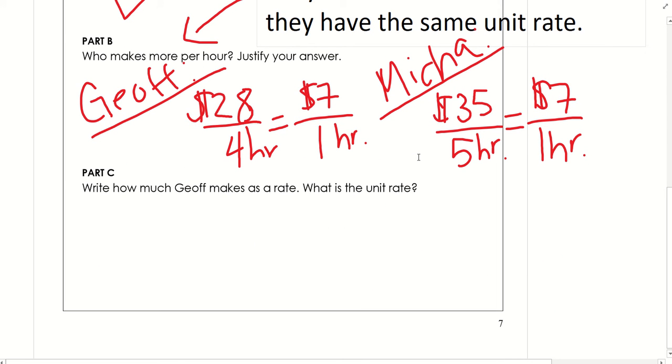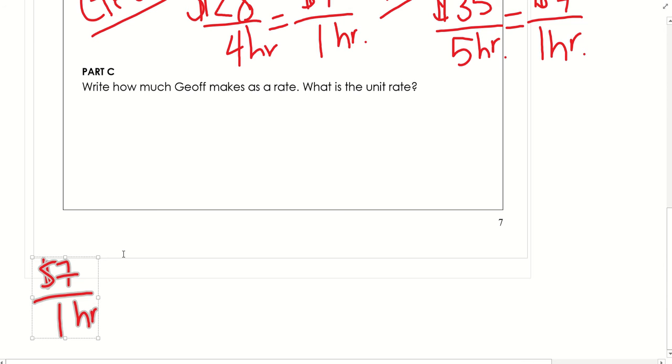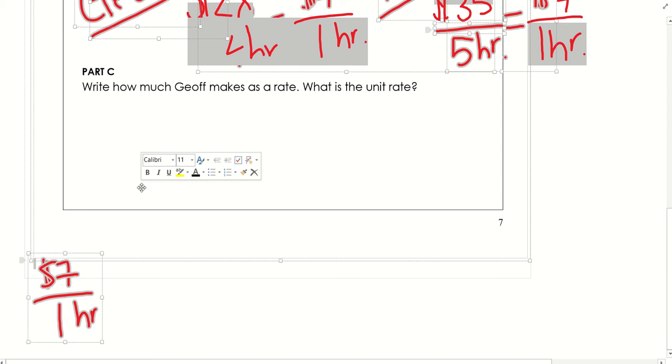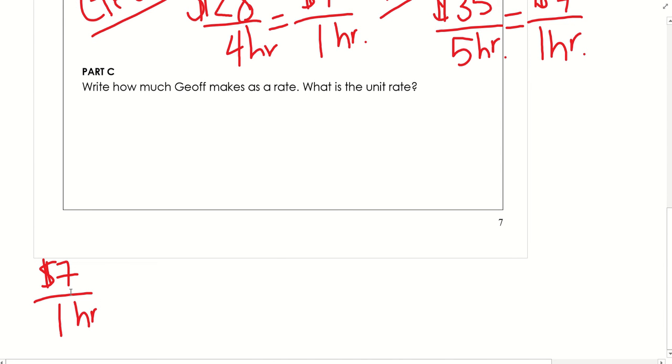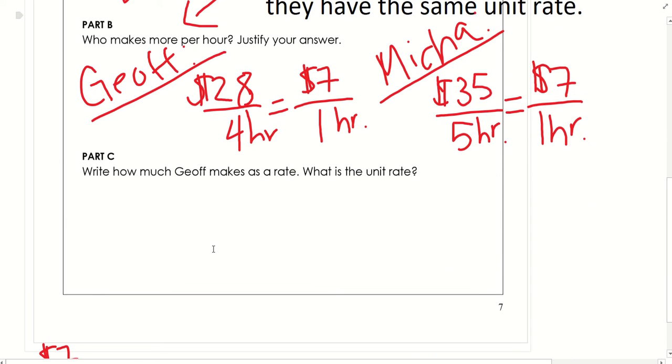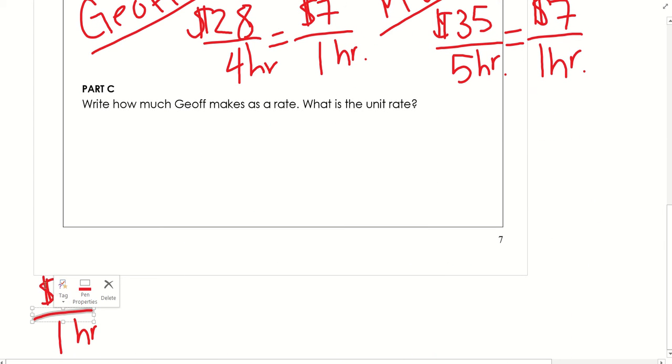Part C asks you to write how much Jeff makes as a rate and what is his unit rate. So up here, we already wrote how much Jeff makes as a rate. We wrote that Jeff makes $7 per 1 hour. So I can just write that again down here. Oopsie daisies. I was trying to be all fancy and just copy paste this, and that didn't work very well.